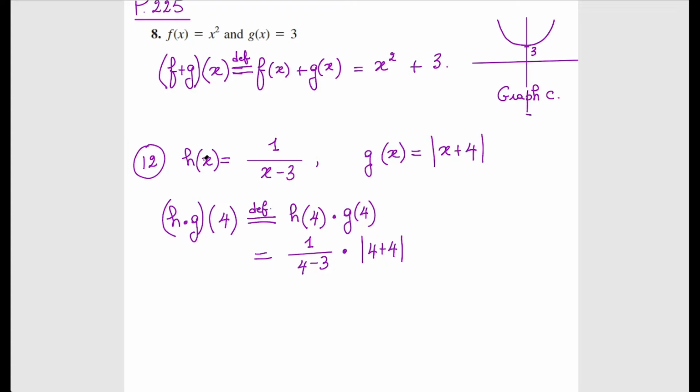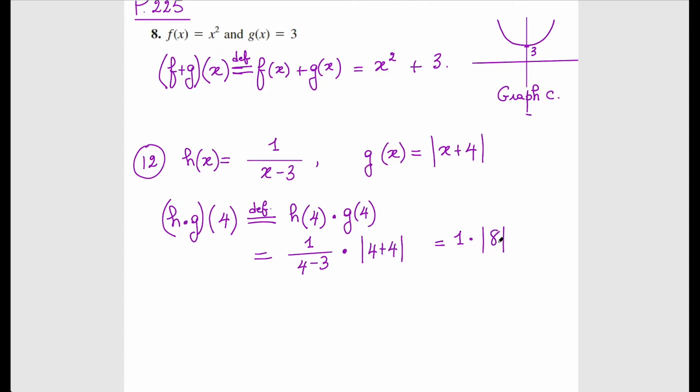So h of 4 is simply h evaluated at 4, which means 1 divided by 4 minus 3, and g of 4 is simply g evaluated at 4, which means instead of x you're going to have 4, which is the absolute value of 4 plus 4. And what's the result here? How much is this? 4 minus 3 is 1. 1 divided by 1 is 1, times the absolute value of the sum of 4 and 4, which is 8.